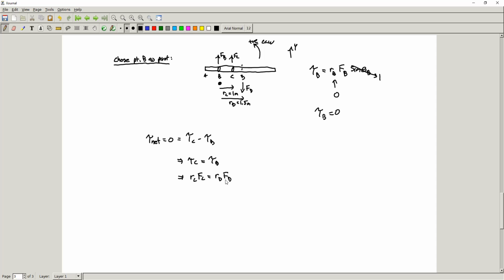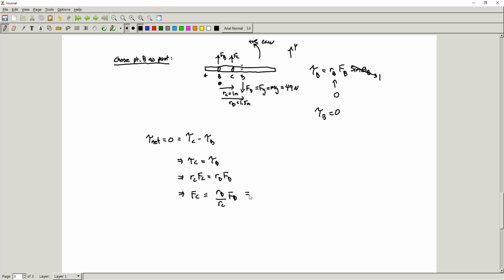And we're interested in solving for FC. We know what FD is, right? FD is just FG, which is just mg, which we already solved for a couple of times, which is 49 newtons. Okay, so let's solve for FC. FC gives us RD over RC times FD.